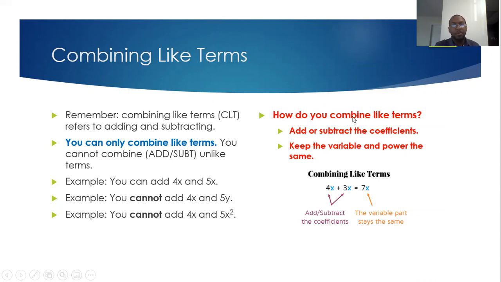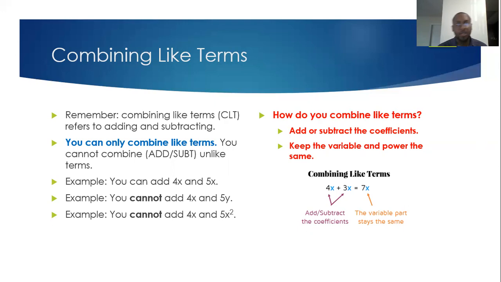Now, how do you combine like terms is the question. Well, you add or subtract the coefficients. Now, you need to know what coefficients are.